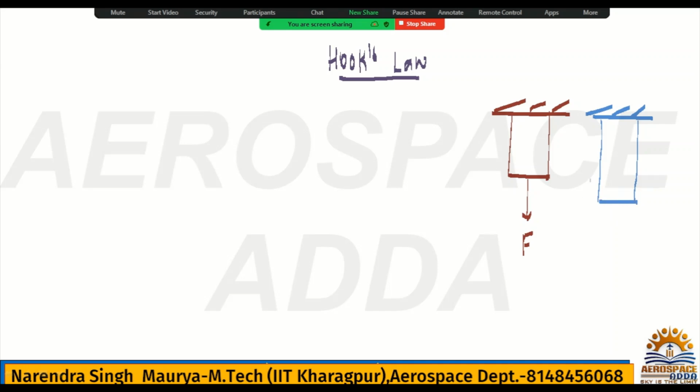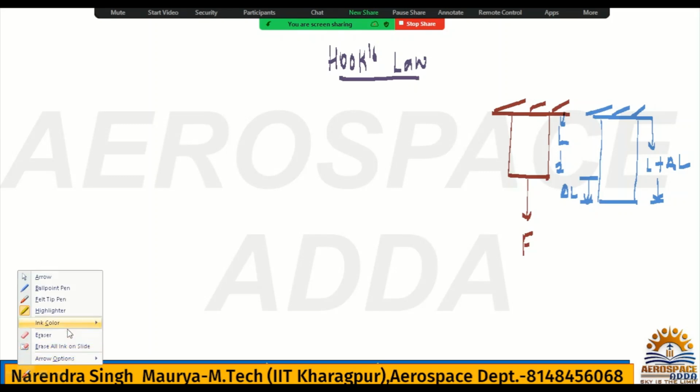Once the load is there, the shape will be changed. Actual length is nothing but L, but now delta L will be added, so it becomes L plus delta L. Hope you understood, right?